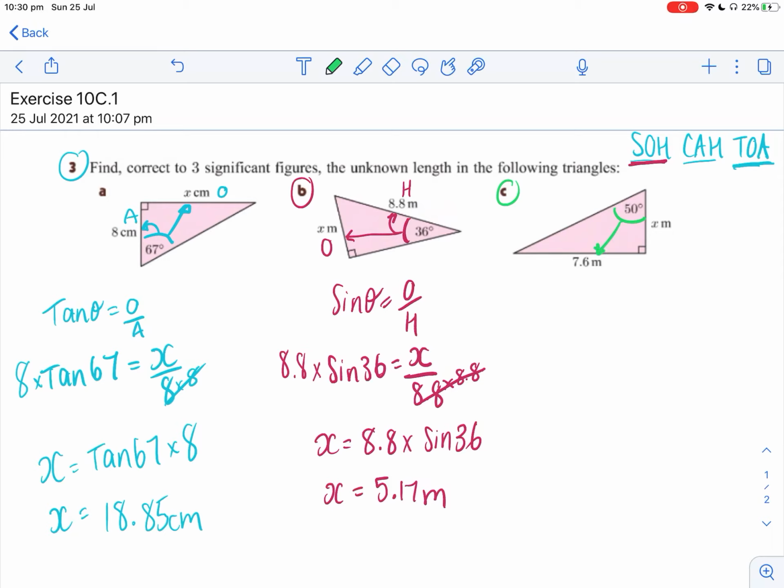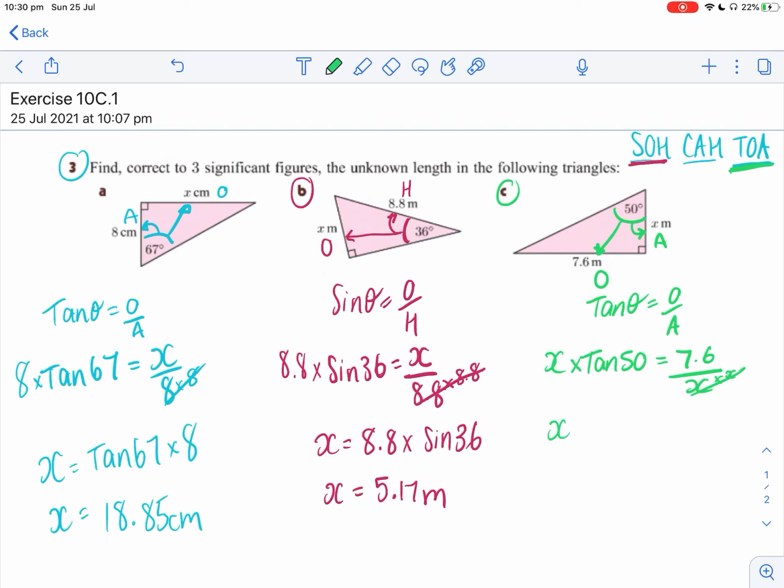Then the last one for C, got an angle of 50. This length here, 7.6, is my opposite and x is my adjacent. So I'm going to be using tan theta is opposite over adjacent. So I've got tan 50 equals 7.6 over x. Now I don't want x as a fraction, so I'm going to times by x to move it up.